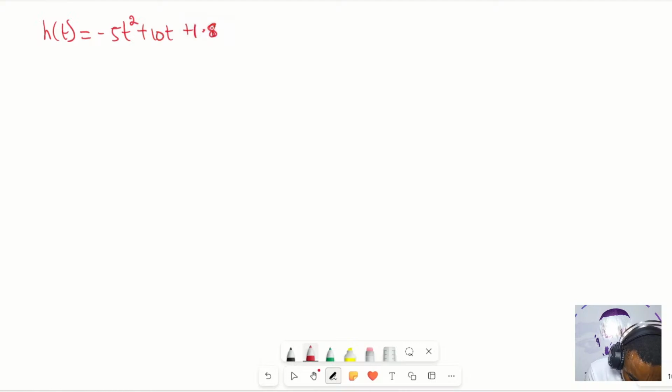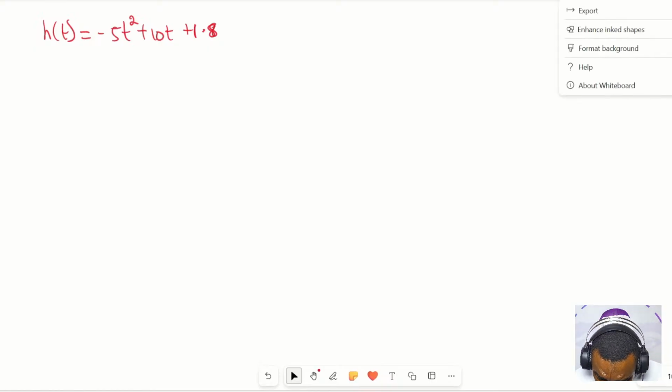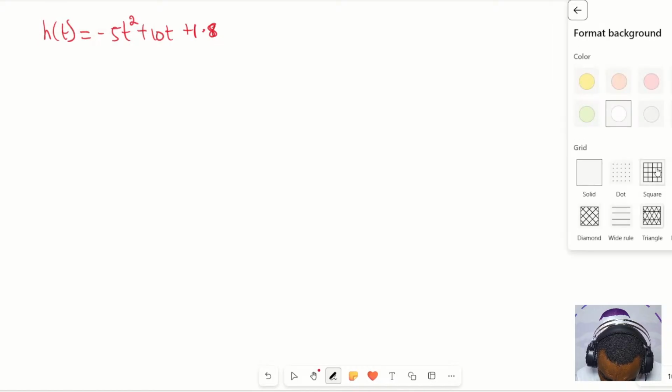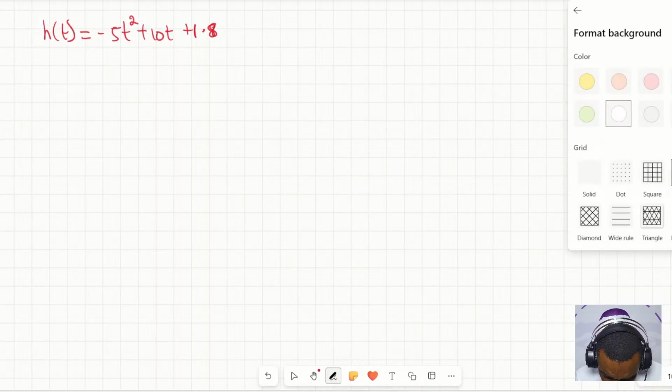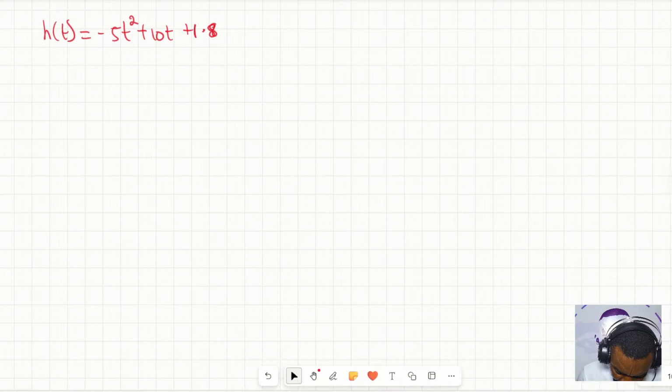I can't see where you are, but I'm hoping that you would also take a jotter and sketch the graph of this function. So let me move to my grid, so that I can get my graph of the function.